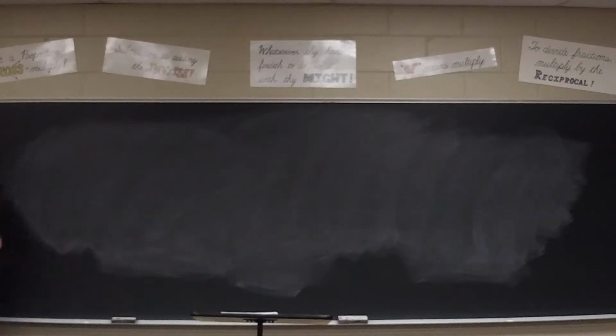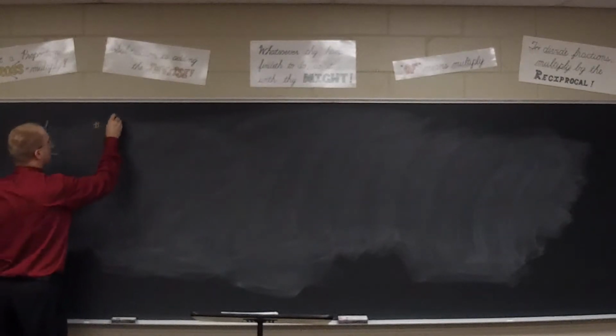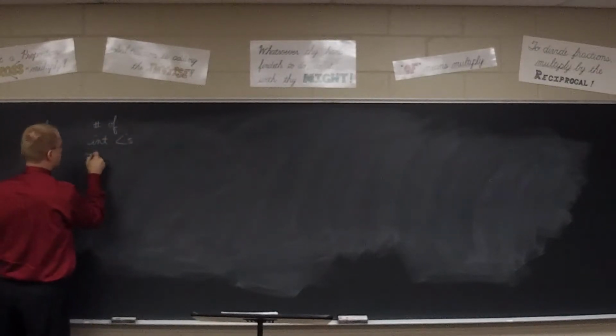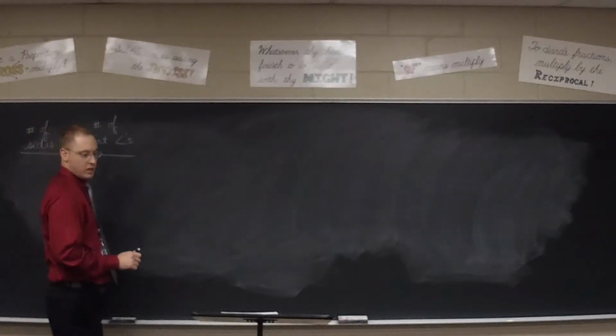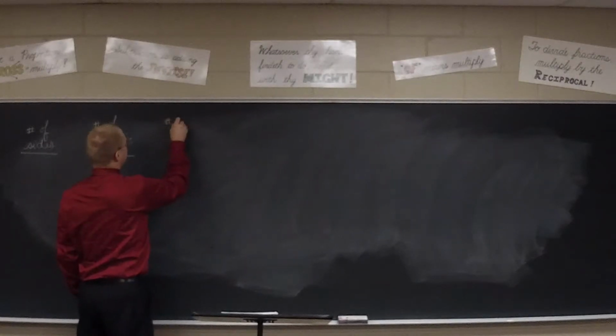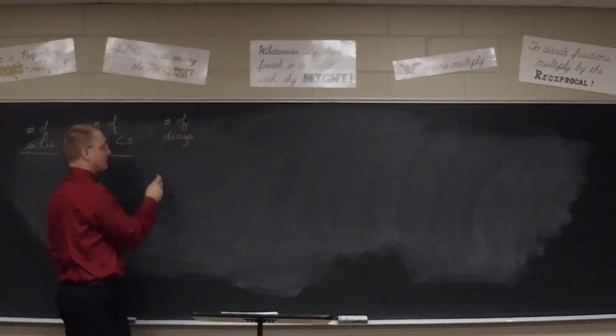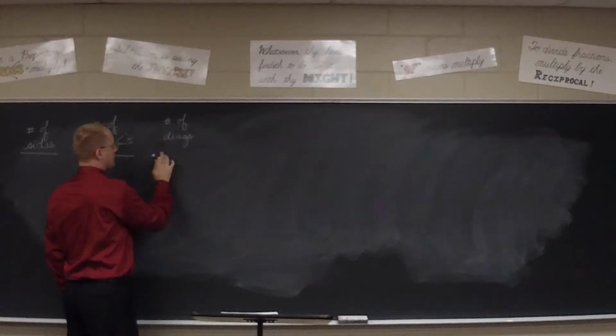The first column that I want to have is a column that says number of sides. We're going to make some observations here and see if we can come to some mathematical conclusions. I also want to have number of interior angles. Then I'd like to have number of diagonals, that's diags, from one vertex.